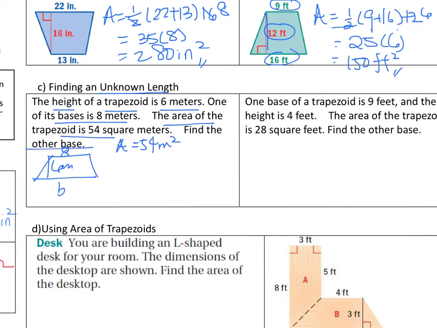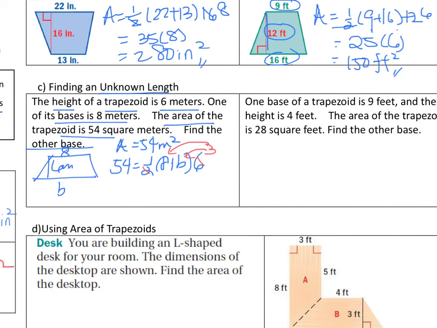So I'm looking for the second base now. I'm going to take the formula. So area is 54, and then 1/2 times 8 plus b times 6. And now I'm going to solve for b. I can first simplify 2 and 6. And then I need to distribute 3.